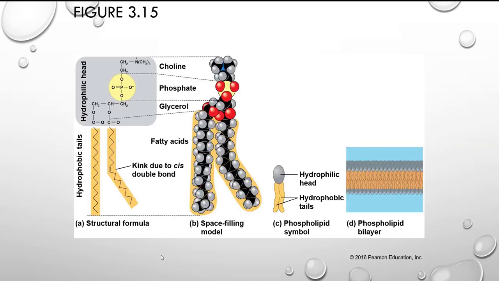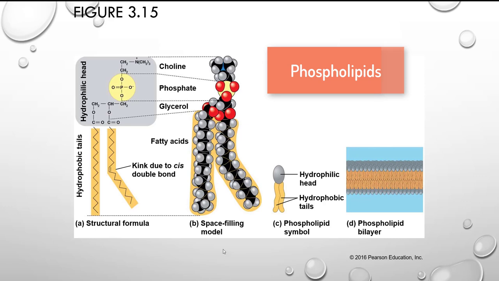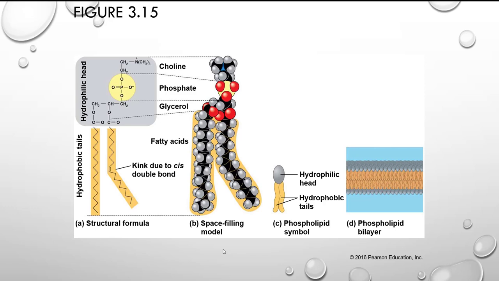All right, so now that we talked about the fats, trans fats, saturated fats, and unsaturated fats, let's go back to that phospholipid slide. The phospholipids are another category of lipids, and as I stated before, there's something unique about them. They have a lipid component, the fatty acids, which are hydrophobic, but they also have a phosphate group.